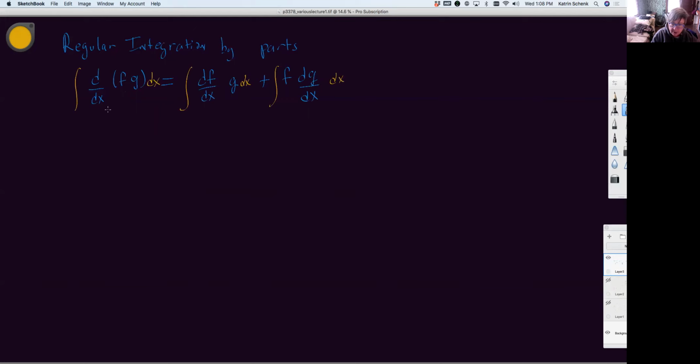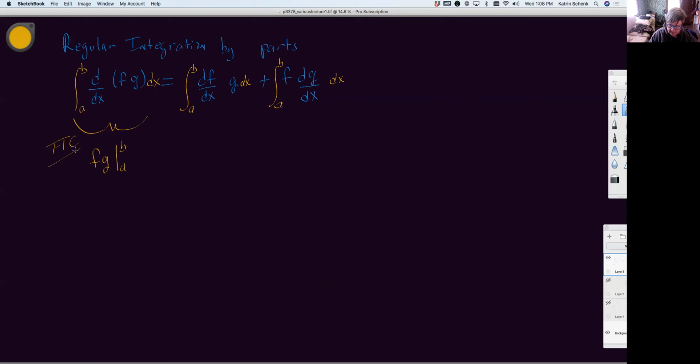Okay, over here I have the fundamental theorem of calculus, which tells me that this side here is equal to f times g at the boundary. I'll say I'm integrating from a to b, x equals a to x equals b. Right? This is just using the fundamental theorem of calculus, FTC.